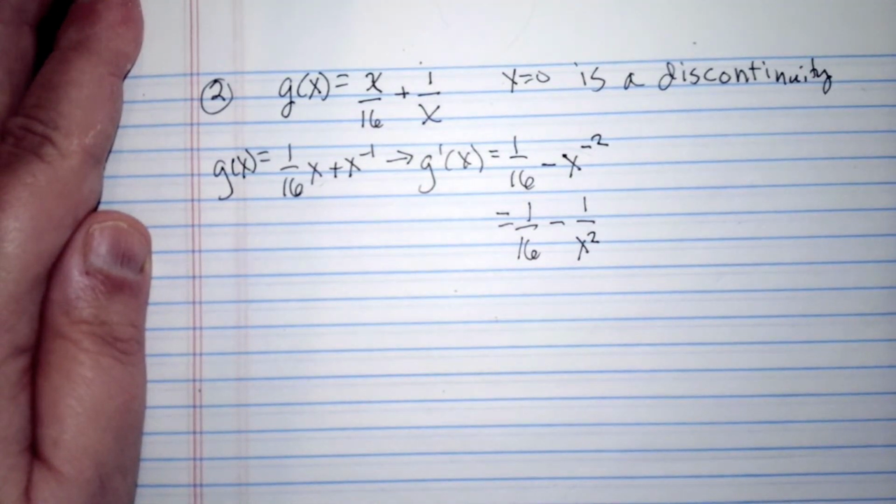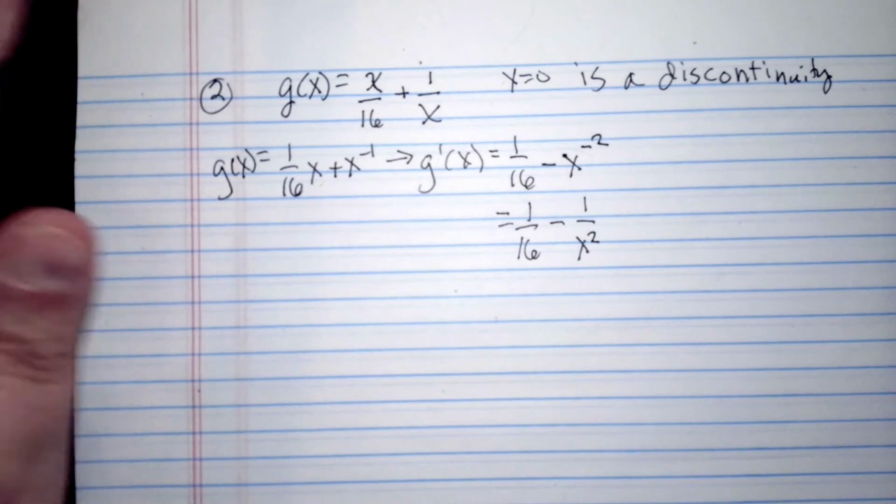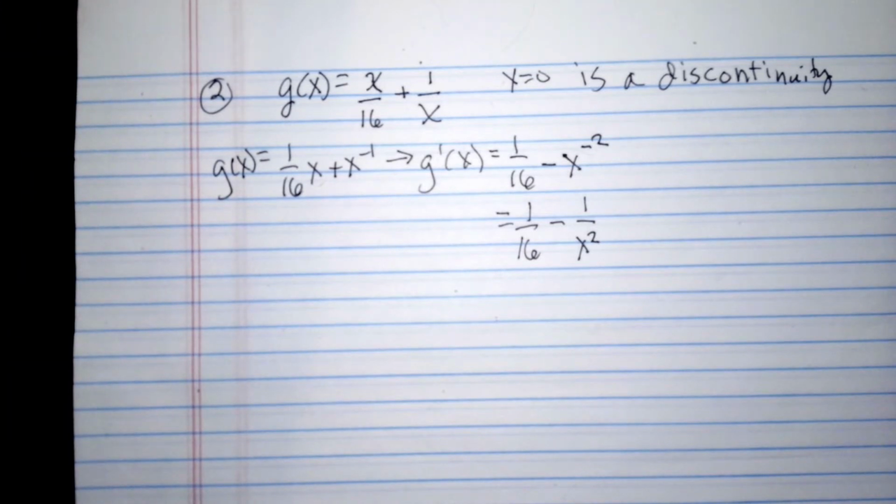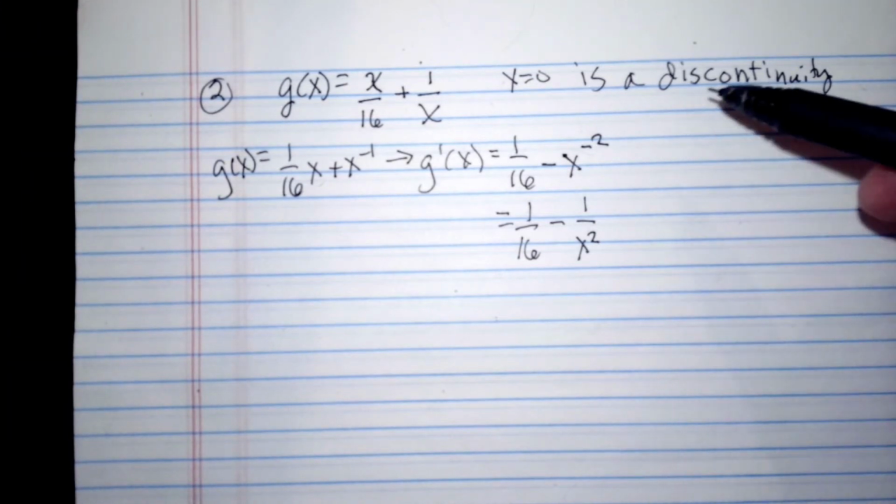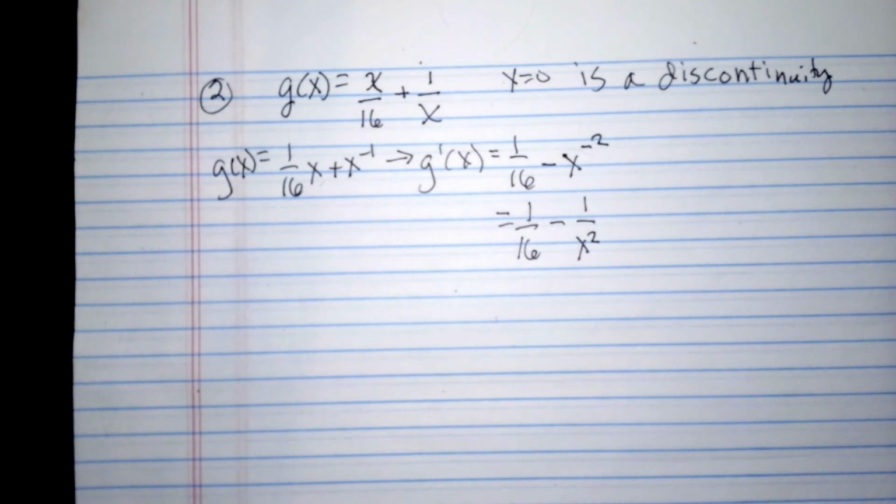Now, in looking for critical numbers, of course, we want to figure out places where the derivative is either undefined or equal to 0. It is undefined at 0, but remember that's a discontinuity for the function, and so that's not really a critical number. So what we need to do is now set the derivative equal to 0.